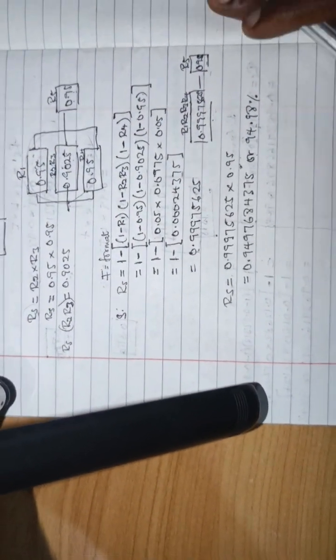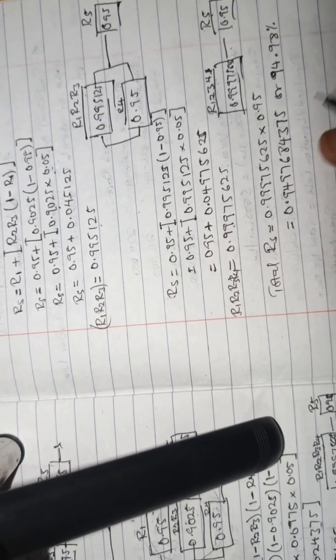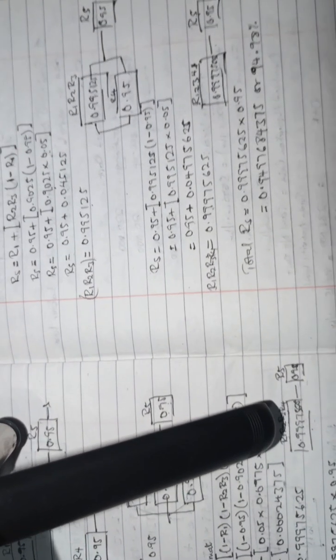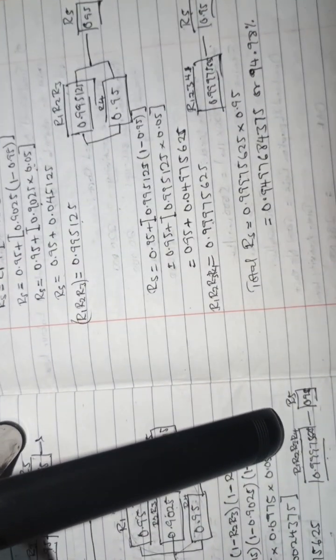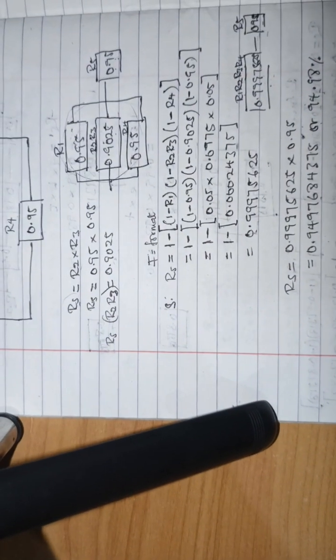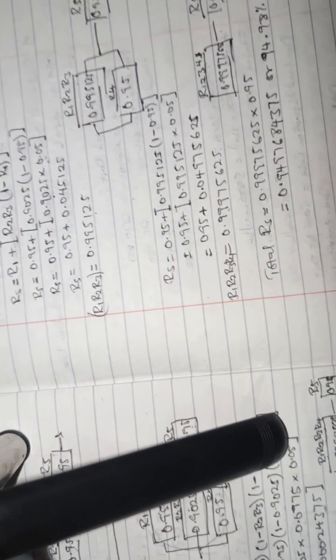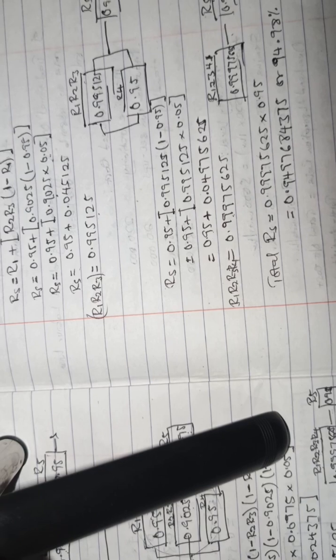Do you get it? So you choose the format that is easiest for you. You stick to one. Don't use both, because in an exam setting, you won't get time to be doing all that. So if it is the failure method that is easy for you, stick to it and use that one to solve. If it is the reliability format that is good for you, stick to it, use that one to solve, and you'll be good.